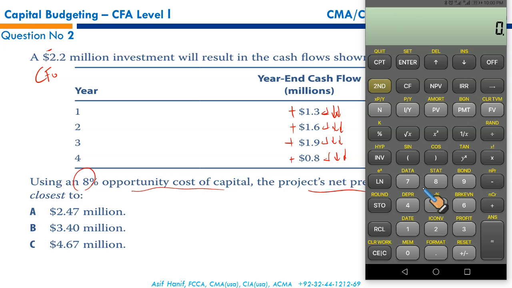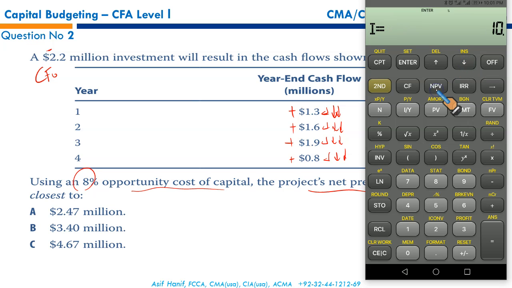So what you will do, simply plug in the numbers. 2.2, 1.3, enter, down arrow key twice. 1.6, enter, down arrow key twice. 1.9, enter, down arrow key twice. 0.8, enter, down arrow key twice.